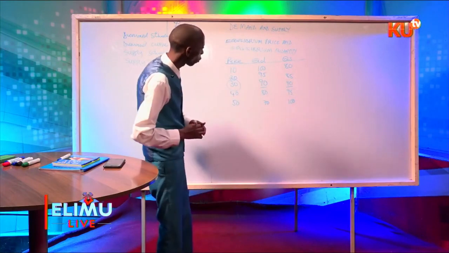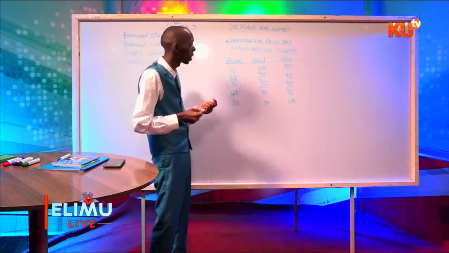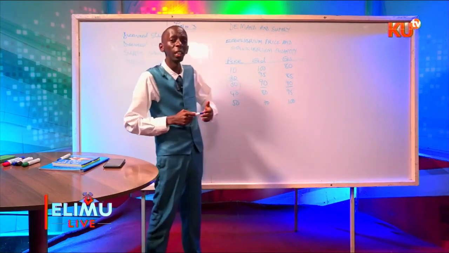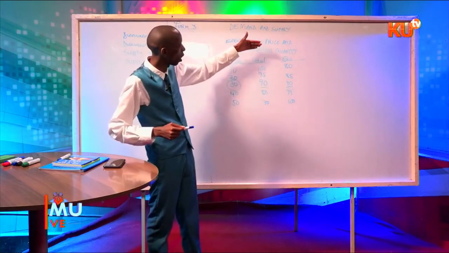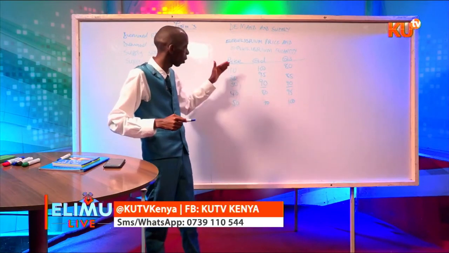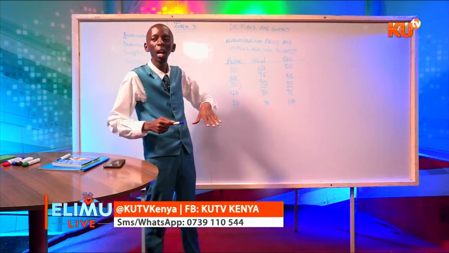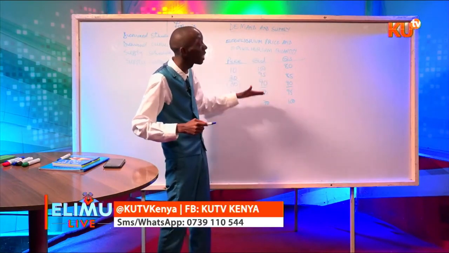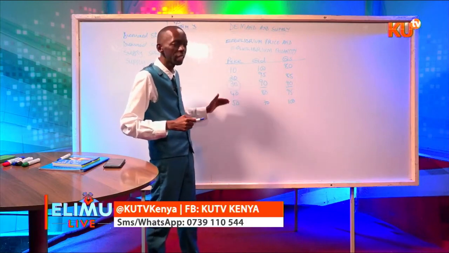So from our schedule, you can learn the law of supply, where supply increases with the increase in price, and the law of demand, where demand decreases with the increase in price.